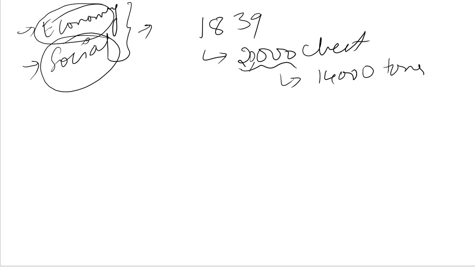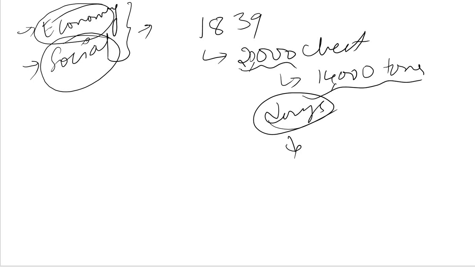So 20,000 chests, around 14,000 tons of drugs, were destroyed by the Chinese government, which were being kept in Canton. So you may think, what is Canton?